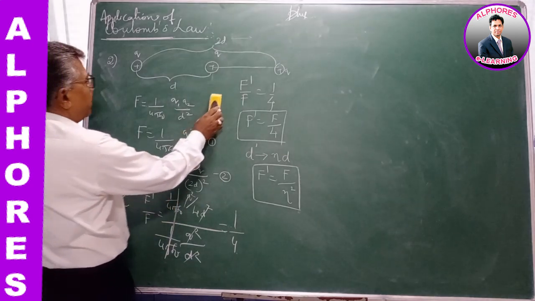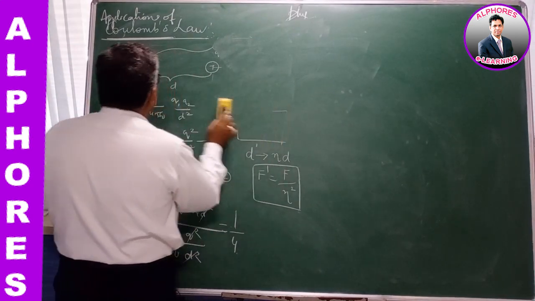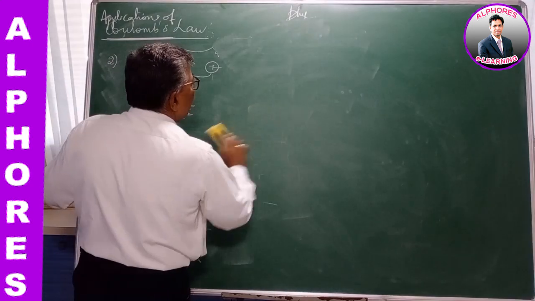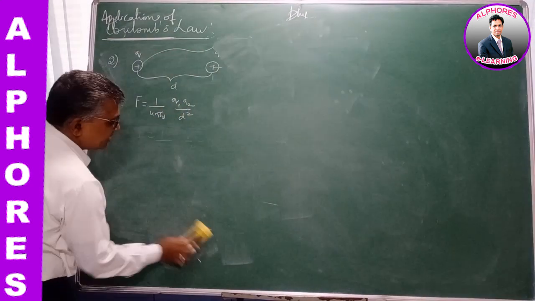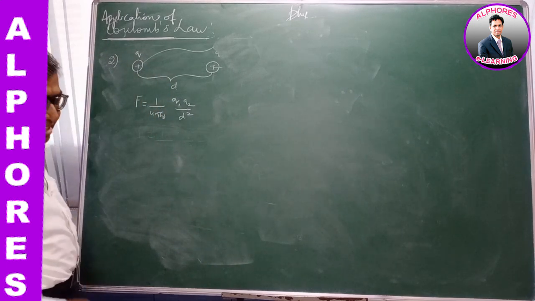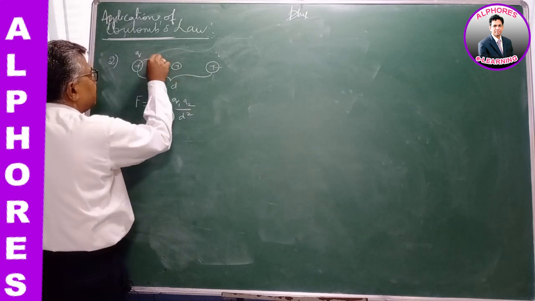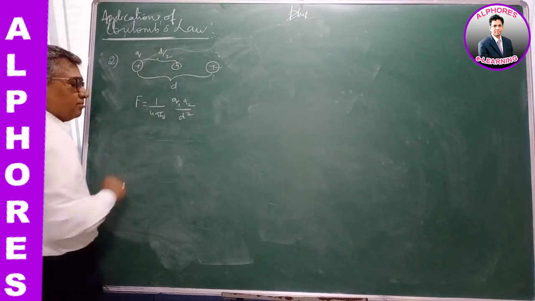Similarly, what will be the force between the charges had the distance between them been halved? If the distance between the charges is halved, the charge is brought to this point. The distance is halved, d by 2.